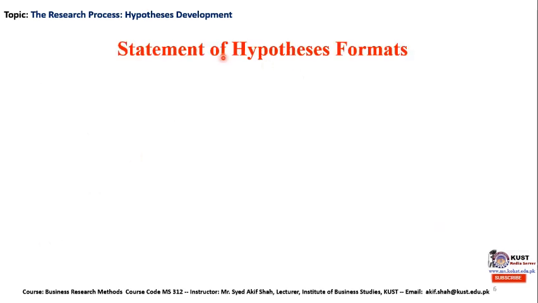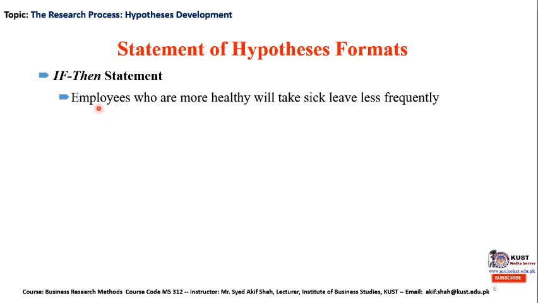So what is a statement of hypothesis and its format? There could be an if and then statement format. It is a hypothesis in proposition form: employees who are more healthy will take sick leaves less frequently. This statement tests that when the employees of the organization stay healthy, they will ask for sick leave less frequently.